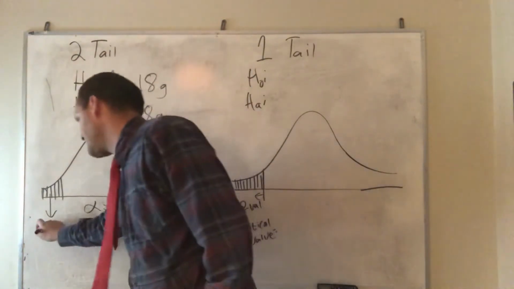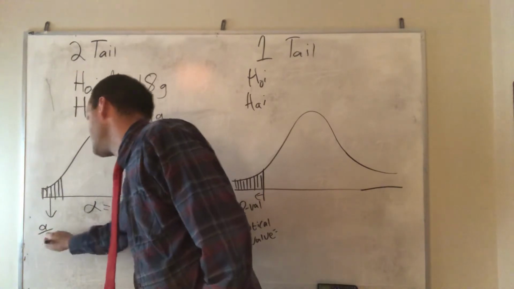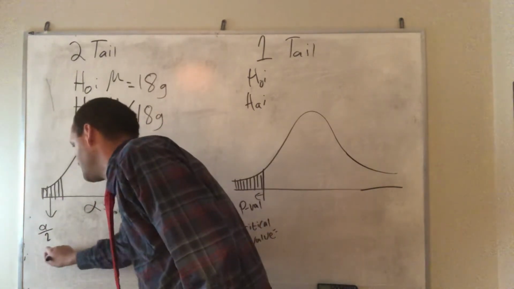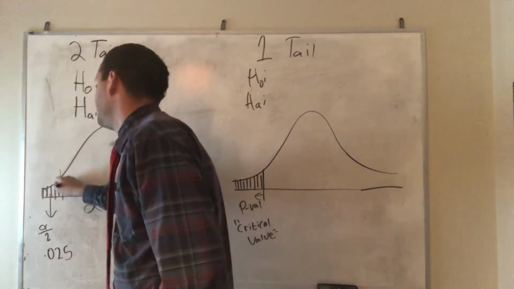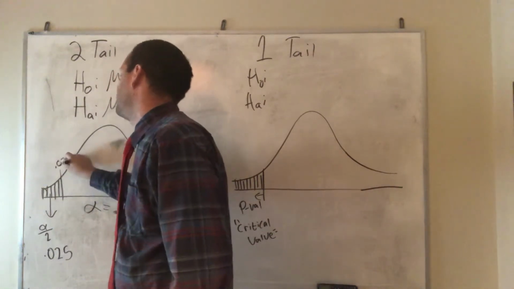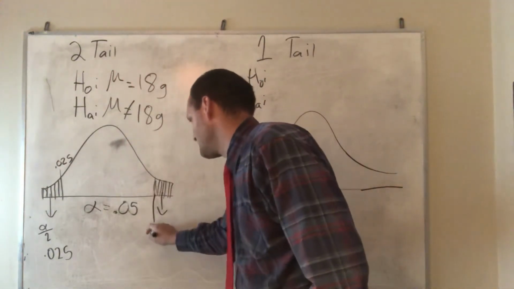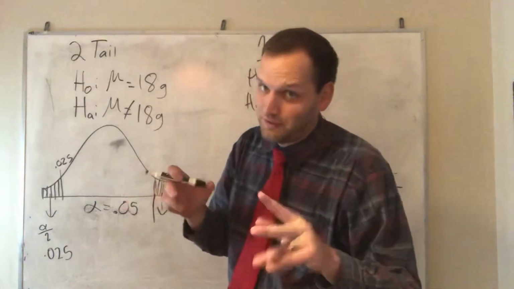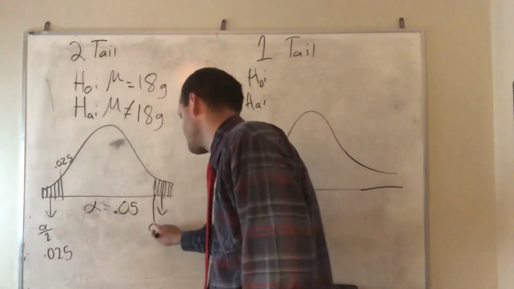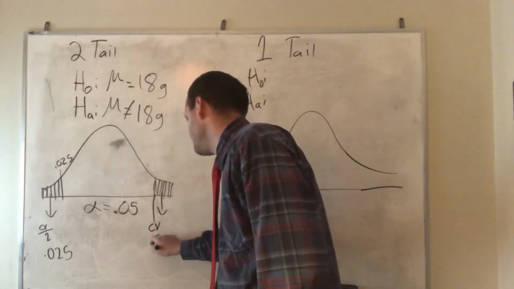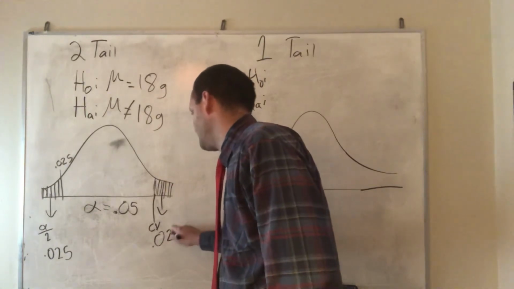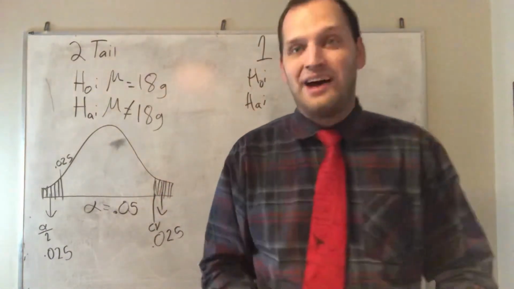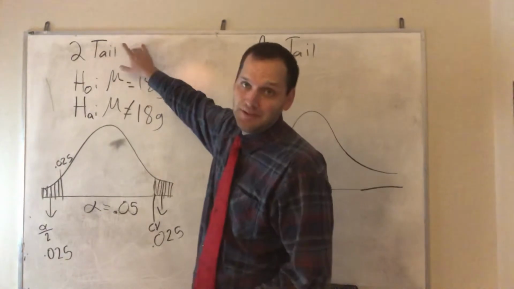What's going to be half of alpha? So 0.025. So the p-value here is actually 0.025. Over here, the p-value for your critical value is going to be 0.025. Okay, it's going to be half when you're doing a two-tail test.